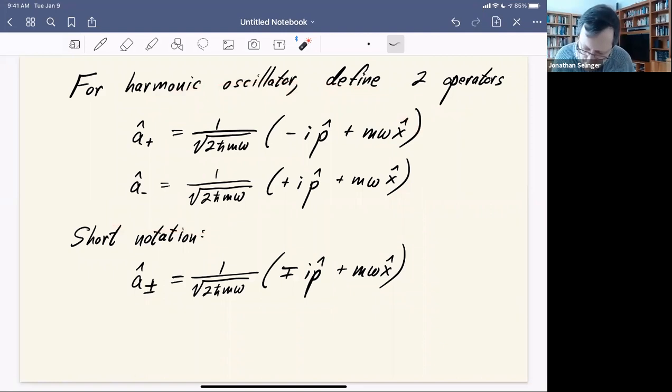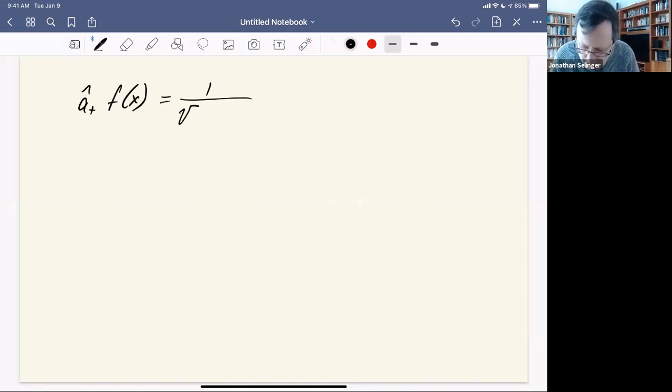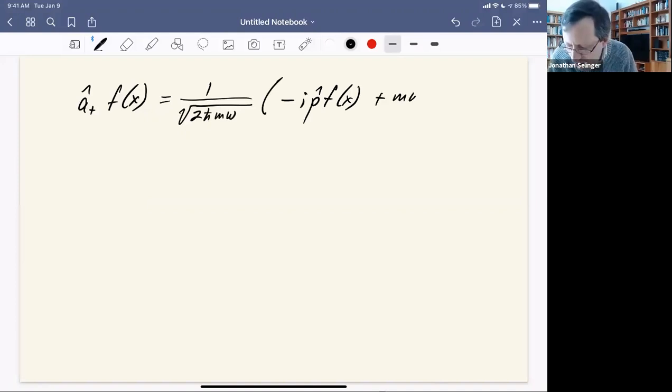For example, if I have a plus operating on f of x, that means 1 over the square root of 2 h bar m omega, then minus i p hat acting on f of x, plus m omega x hat acting on f of x.